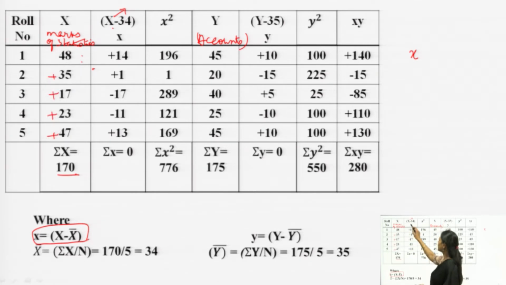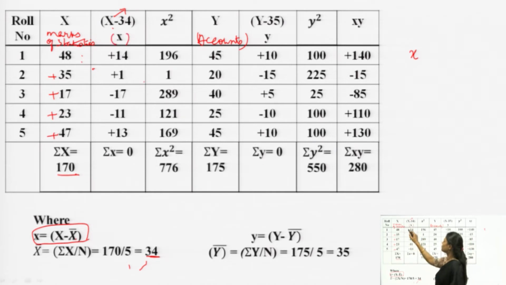So, 48 minus 34, because I have found 34 by putting the value: x bar is equal to summation of x over n, that is 170 divided by 5, and we get 34 here. Now, subtracting 34 from all the values of x will give small x.